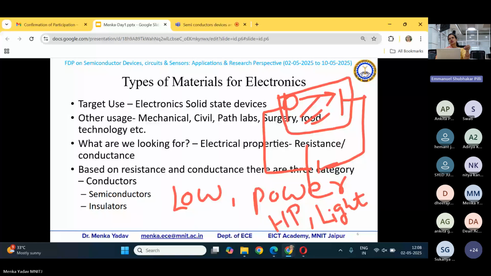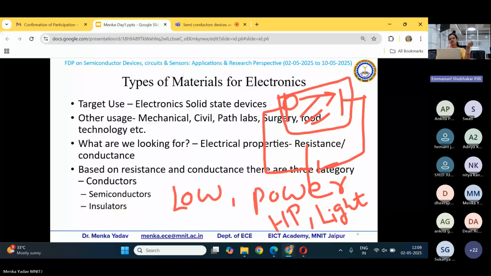If we did not have low power, high performance and lightweight electronics, the payload would have increased, and that would cost threefold when sending it to any planet or the moon. So that is costing us very much.